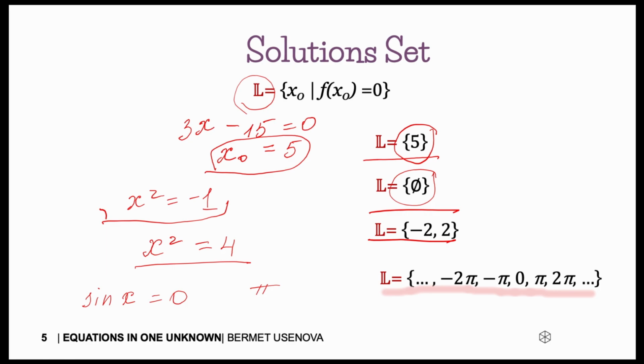So basically that's it for the solution set. This was a short introduction to solution sets, what kind of solution sets we can have in an equation, and how we can write them down.